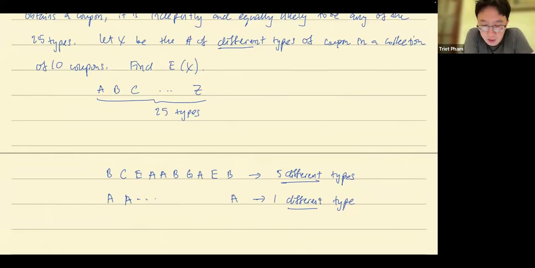All right. Anyone has any suggestion on how to do this problem?